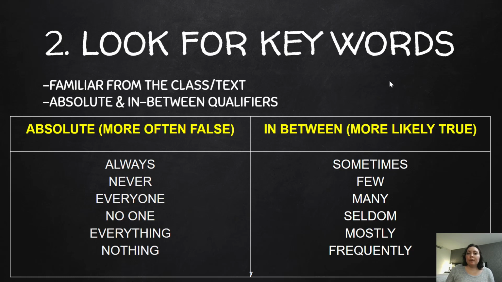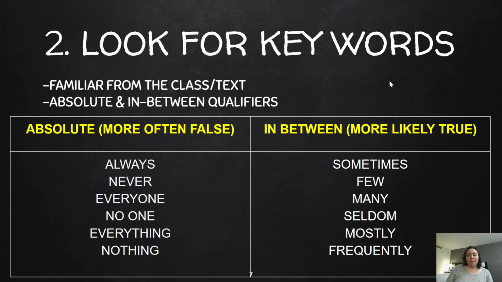Or if it's true or false, it's more likely going to be the answer false. So these extreme words that you want to look out for are always, never, everyone, no one, everything, and nothing. And those aren't all of them, those are just some examples. But as you can see, it takes you from one extreme to the other. And so sometimes you're sort of quote unquote being tricked when absolutes are used.